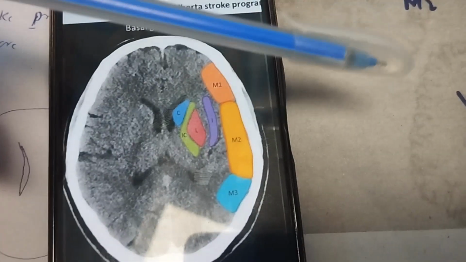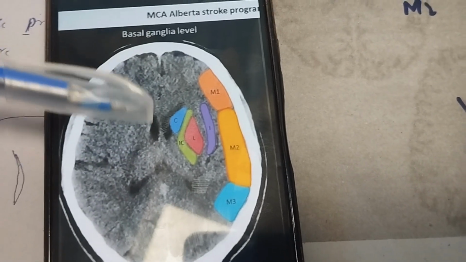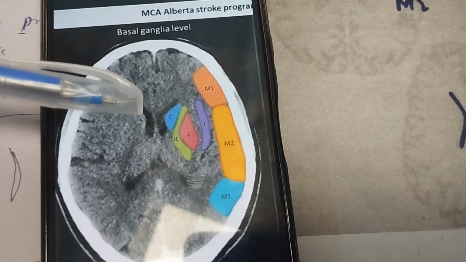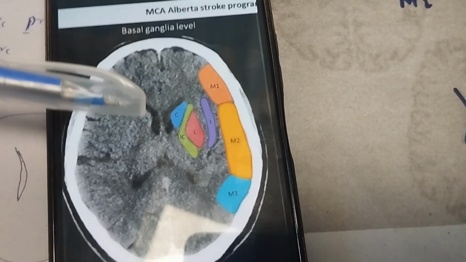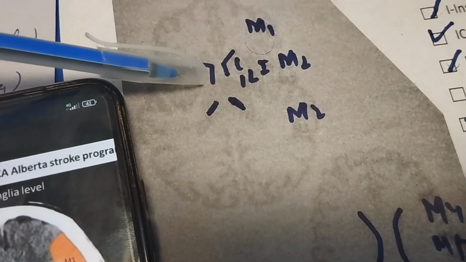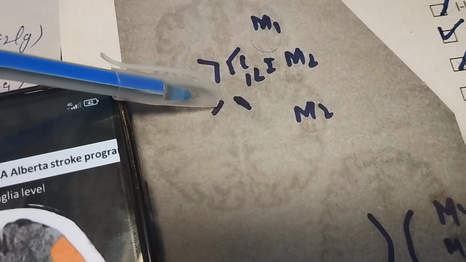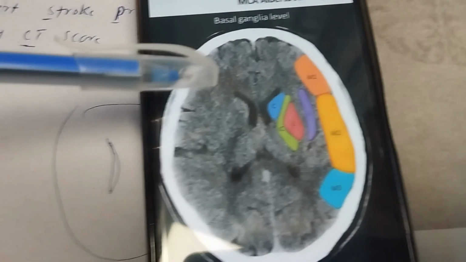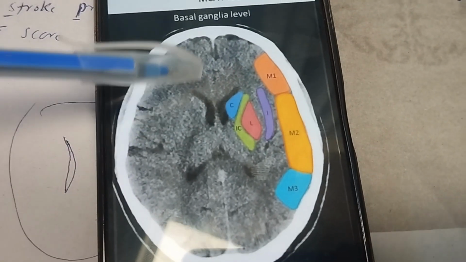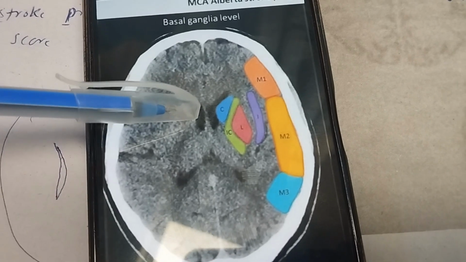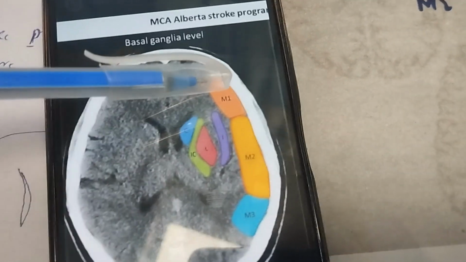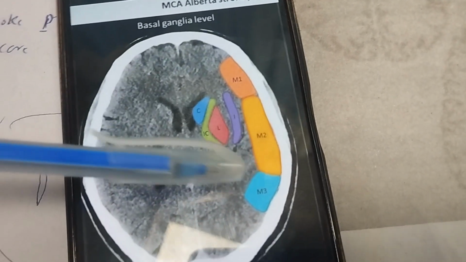On this CT brain, these black areas you see are the lateral ventricle, and this black is the CSF. When you see these two horns, this is not completed and does not meet in this area. So this is a half horn of the lateral ventricle, and there you can see M1, M2 and M3.